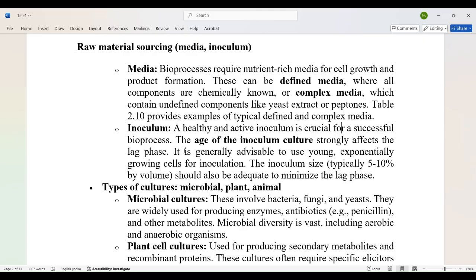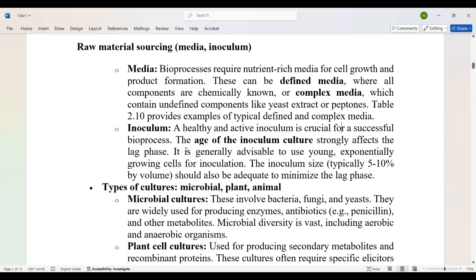So it starts with static, then it goes to lag phase, then it goes to log phase, followed by stationary phase, and last a little bit of decline, which we term as death phase, right?